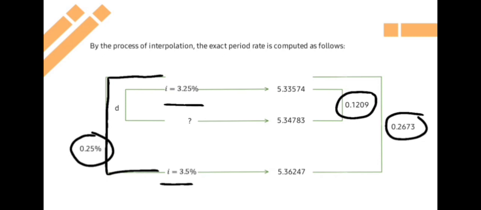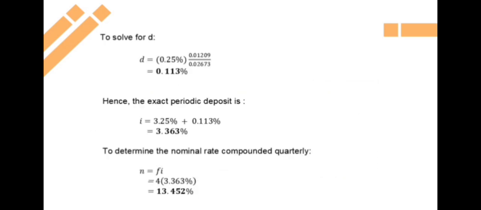So, kailangan natin yung tatlo na to para makuha natin yung D factor. So, now, para makuha natin ito, i-divide natin yung 0.01209 divided by the 0.2673. Then, i-multiply natin siya sa 0.25%. So, magiging 0.113%. Hence, the exact periodic deposit, i-add natin yung 3.25%. So, magiging 3.363%.